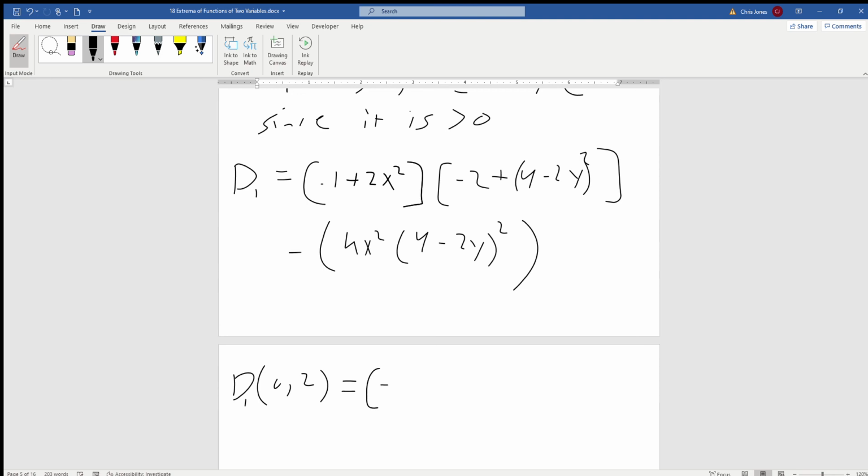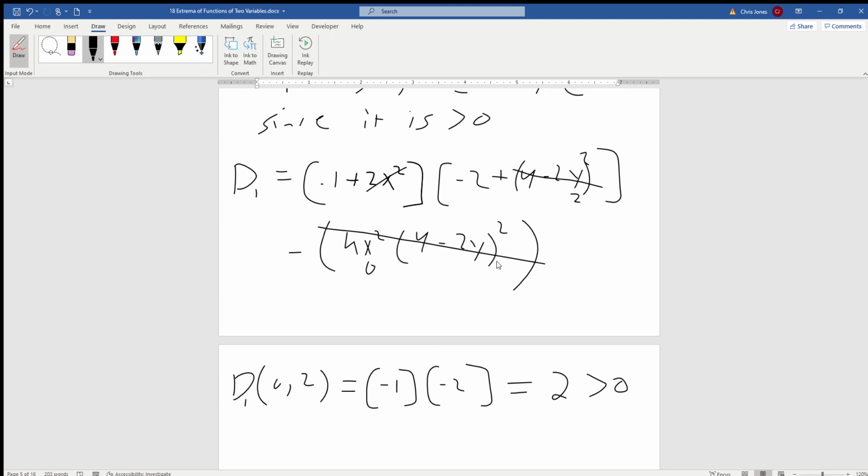So that's going to be negative 1, because that 2x goes to 0, negative 2, so that's nice because when you substitute 2 back in here, that's 4 minus 4, which is 0. And then this whole thing, if I substitute a 0 in for x, that goes to 0. So that's 2, which is greater than 0.